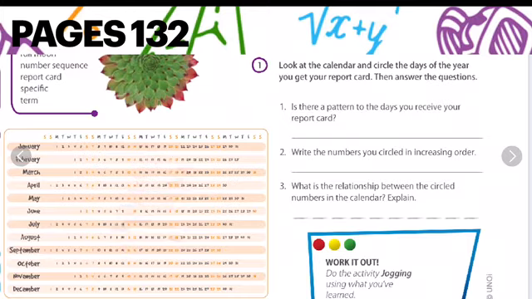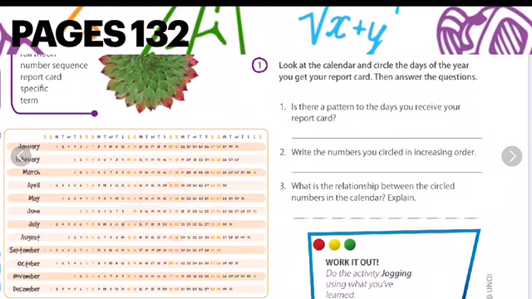So that means that you have to analyze it, remember a little bit. If you remember from this year, then focus on the previous year, okay? So right here the answers will vary a lot because it depends on each student if they remember when they got their report card, okay?